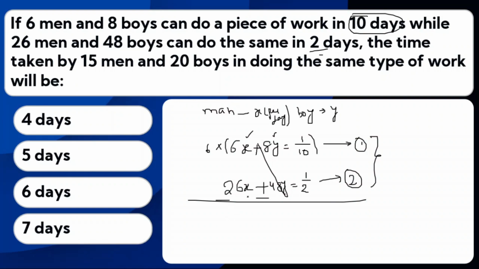So 36 minus 26x, which is nothing but 10x, equal to 6 by 10 minus 1 by 2. The LCM is 10, so 6 minus 5, which is equal to 1 by 10. So 10x equal to 1 by 10, then x equal to 1 by 100.